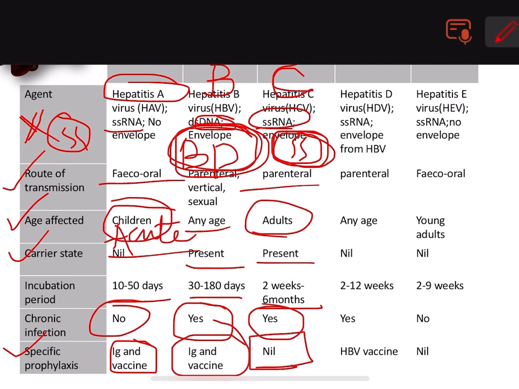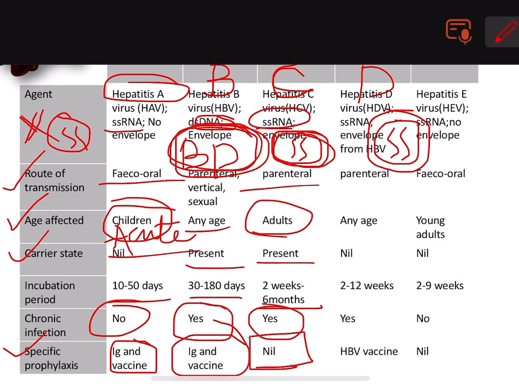Then we have hepatitis D. It is a single-stranded RNA and it is enveloped with the hepatitis B virus. So, hepatitis B virus occurs most commonly with hepatitis D virus. It can be a co-infection or it can present as a superinfection, and hepatitis D requires hepatitis B for its replication.